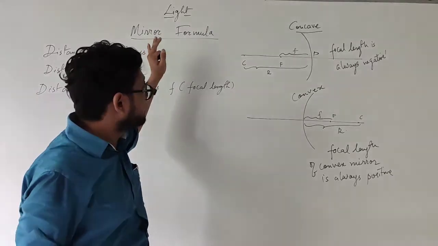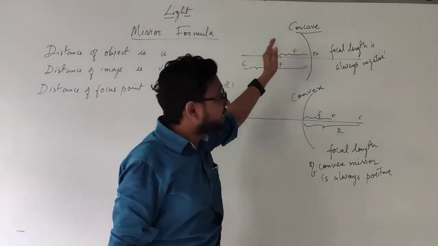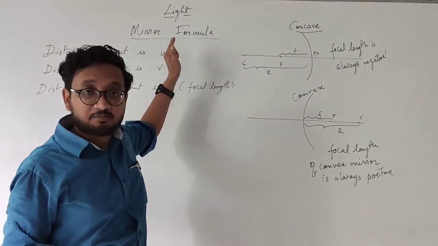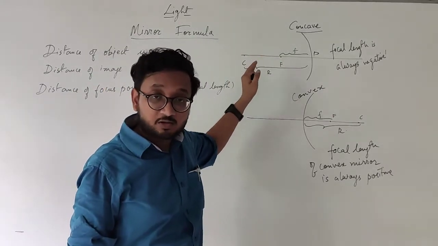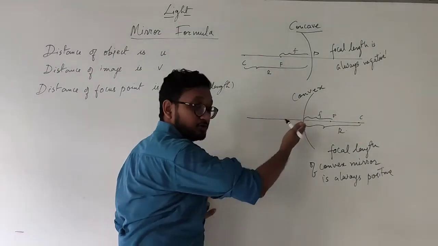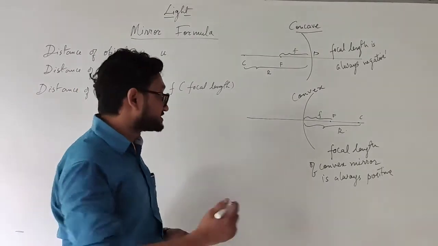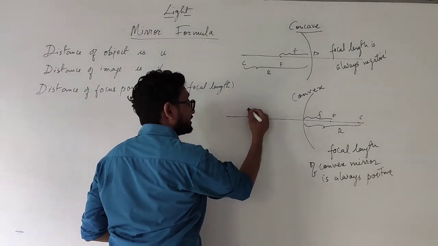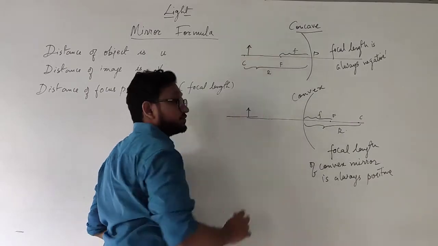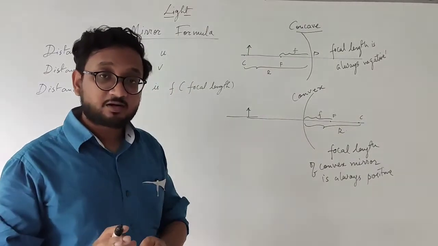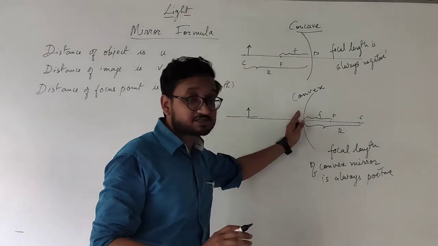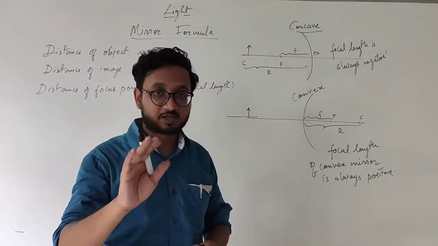Wherever you want to keep the object, it will always remain on the left hand side of the mirror, whether it is a concave mirror or a convex mirror. On a convex mirror you don't have anything to give the position of the object, but still it is always kept on the left hand side. You can keep the object anywhere on the principal axis, but always on the left hand side of the mirror.